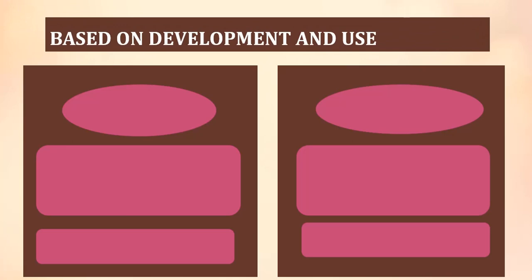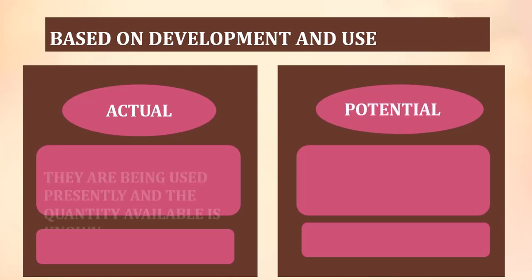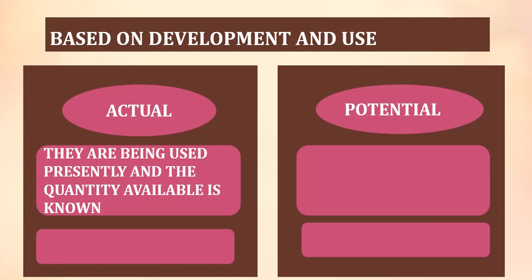Based on development and use, resources can be classified into actual and potential. Actual resources are those that are being used presently and the quantity available is known. Example, coal.